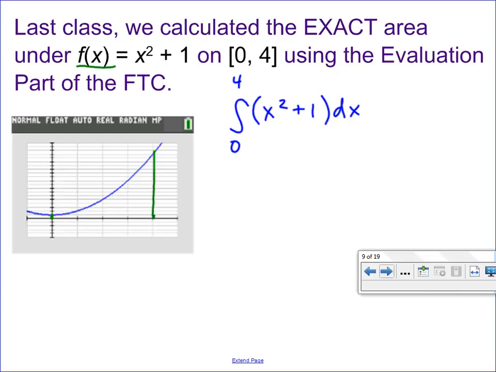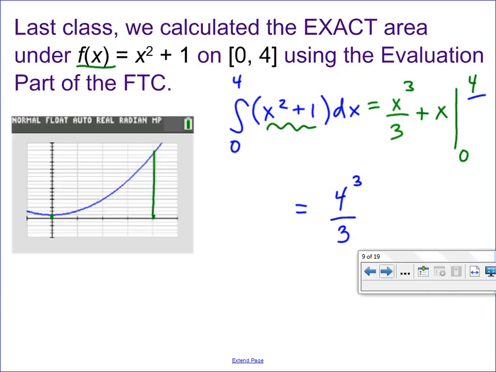To evaluate that, I can simply find an antiderivative function for my integrand. The antiderivative for x squared plus 1 would be x cubed over 3 plus x, evaluated from 0 to 4. We'll go all the way through my antiderivative function with my upper limit. So that would be 4 cubed over 3 plus 4, minus, and we'll go all the way through with my lower limit.